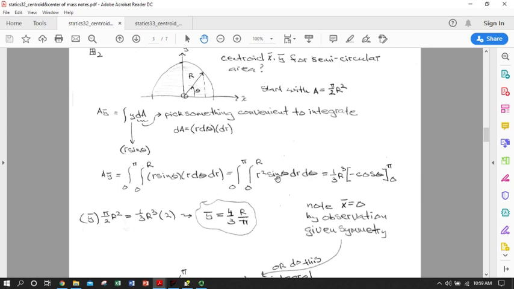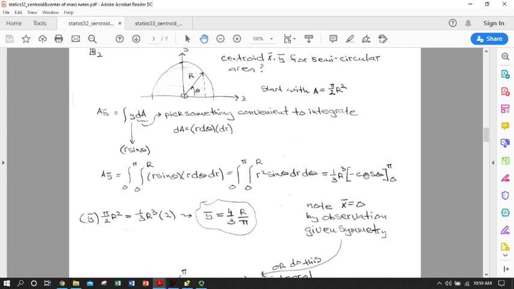So the integral of sine theta is negative cosine theta. Remember the negative sign, because the derivative of cosine theta is negative sine theta, so we need a negative sign to make the integral correct. And so then when we plug in our limits of integration, we end up adding up to something other than 0.